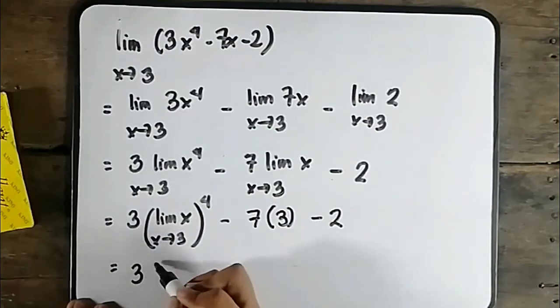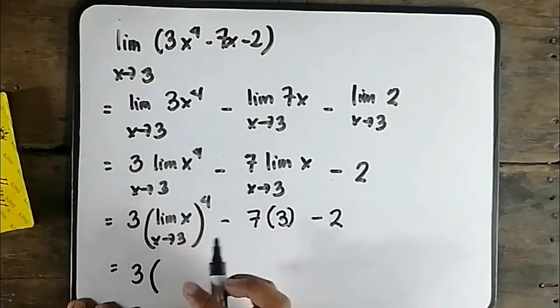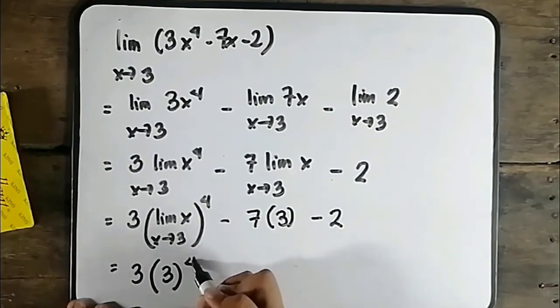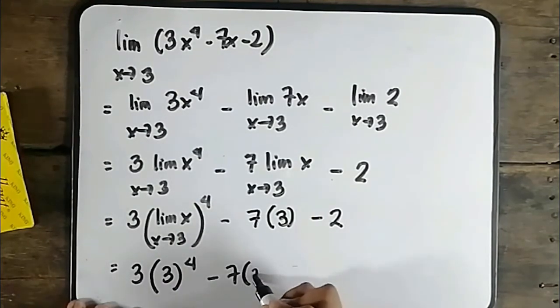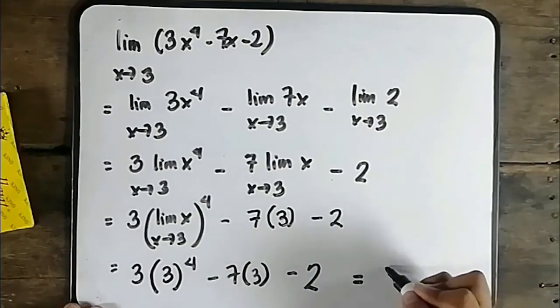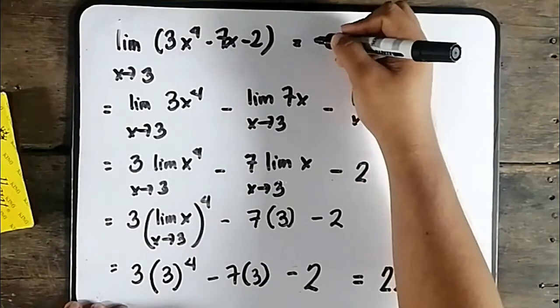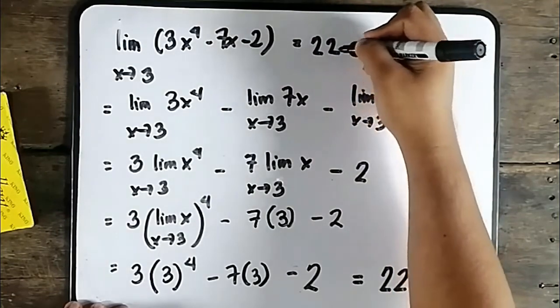So we have 3 times, limit theorem number 3, this is equal to 3 raised to 4 minus 7 times 3 minus 2. So that is now equal to 220. Therefore, the limit of 3x raised to 4 minus 7x minus 2 as x approaches 3 is equal to 220.